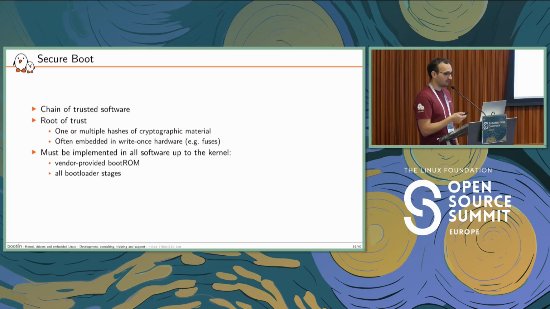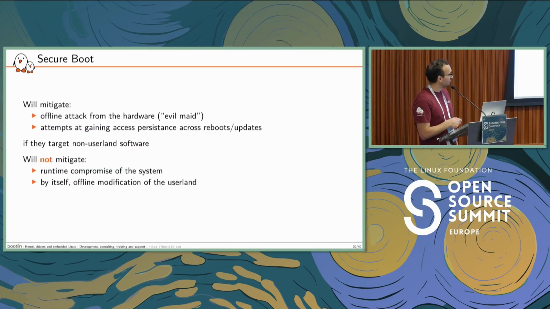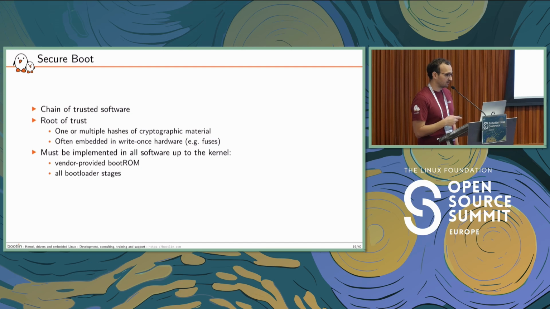So you have a root of trust. Usually it's one or multiple hashes of crypto material, so of a key, and you put it in write-once storage because you don't want to be able to overwrite it. That would defeat the purpose. One typical example for this is fuses. And it has to go all the way up to the kernel. So everybody has to participate.